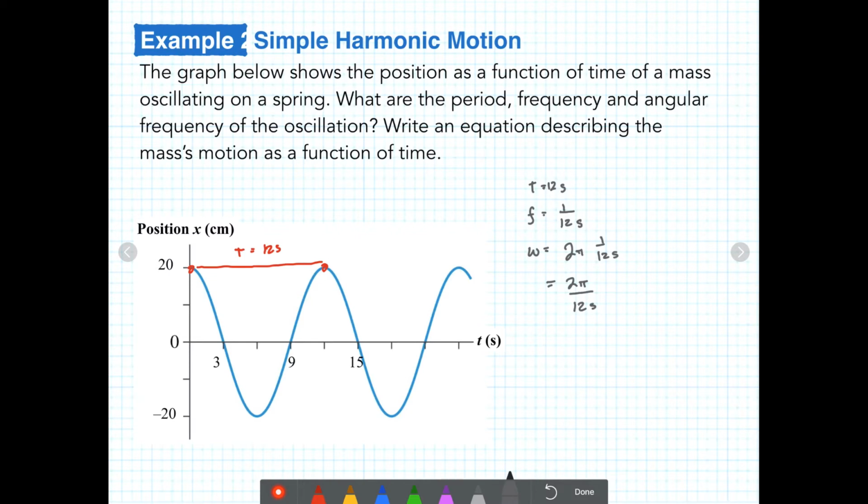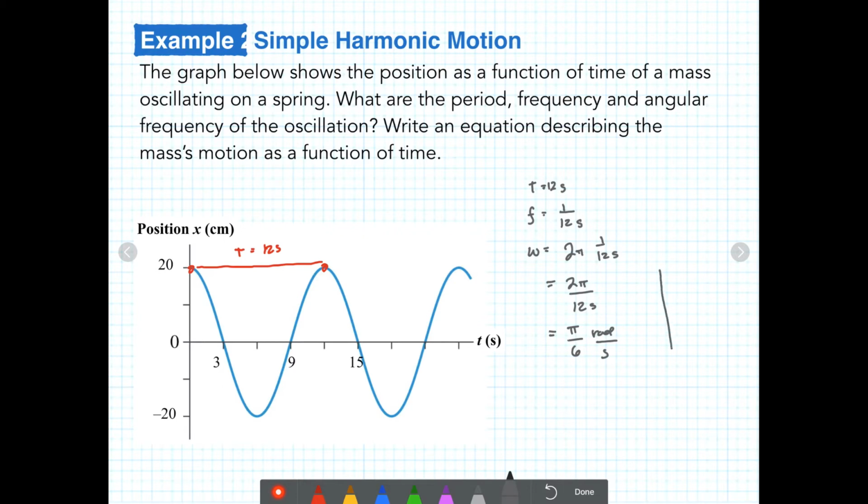That's pi over 6. If we make that a decimal, it's like 0.52. So let's just call it pi over 6, and that's in radians per second. Okay, so that's the period, frequency, and angular frequency.